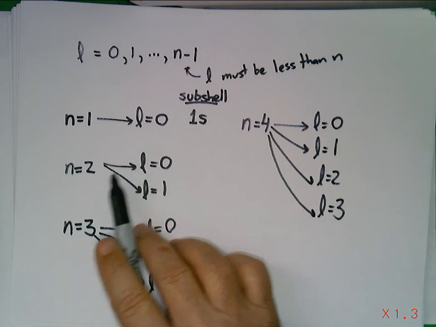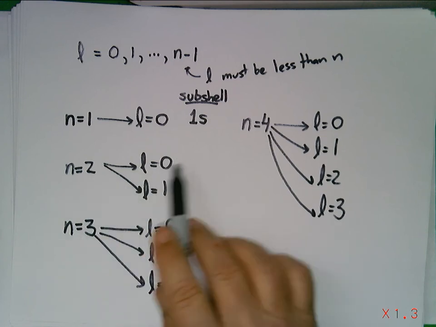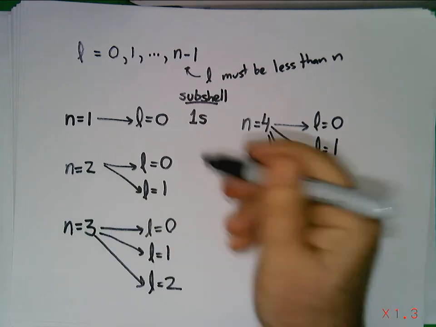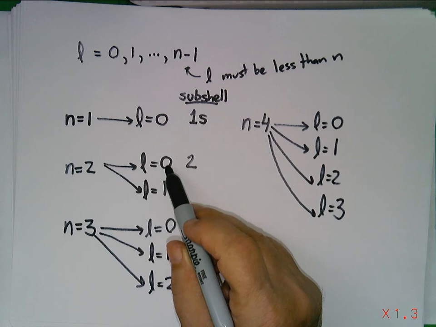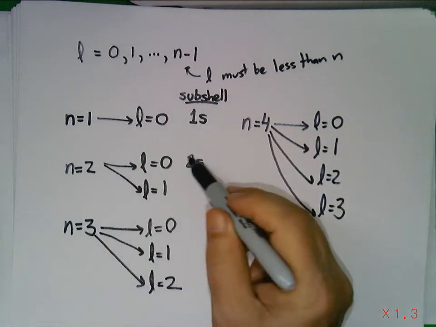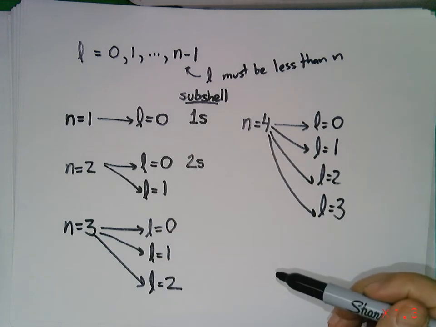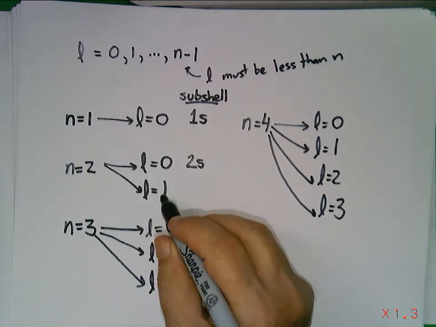Okay, let's name these other ones. What would you name this one? You take the n value as a number, and then you take the L value as its code. L equals 0 is s, so that would be a 2s subshell if you had n equals 2 and L equals 0. And here, what's this one?